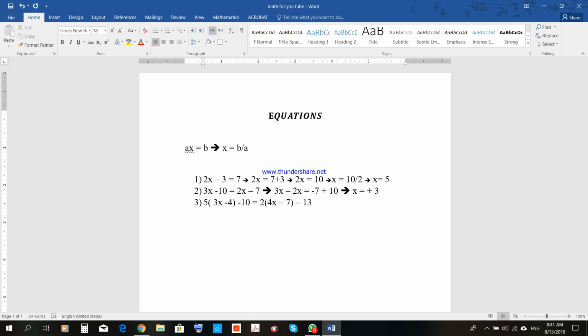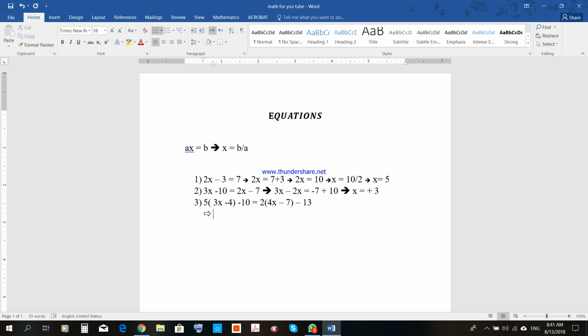First of all, in this case, we should remove the parentheses. Then that means we multiply 5 with the terms in the parentheses.